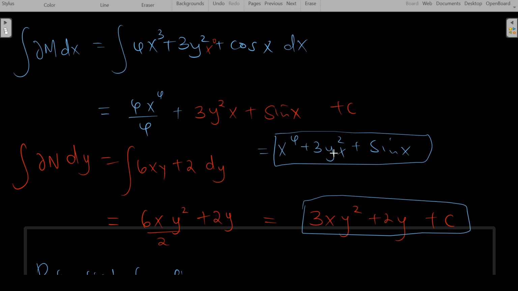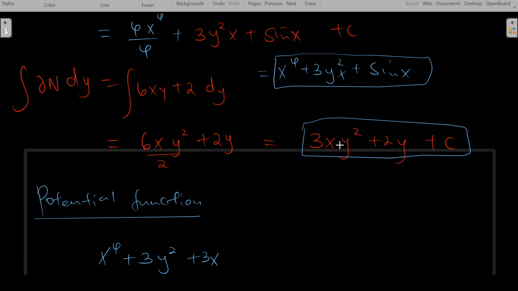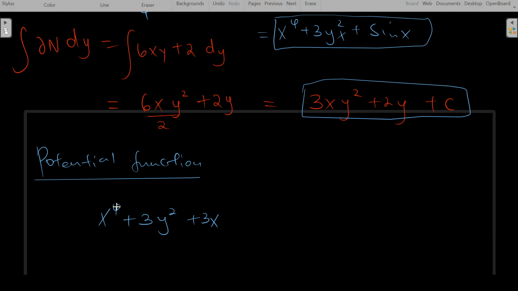As you can see, we have x to the 4th, added to this term, which has repeated with this term, so we should write it only once.